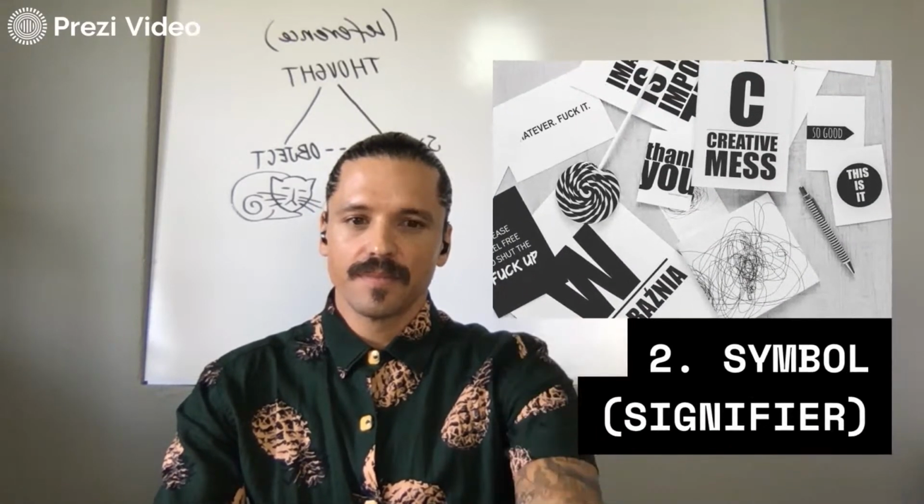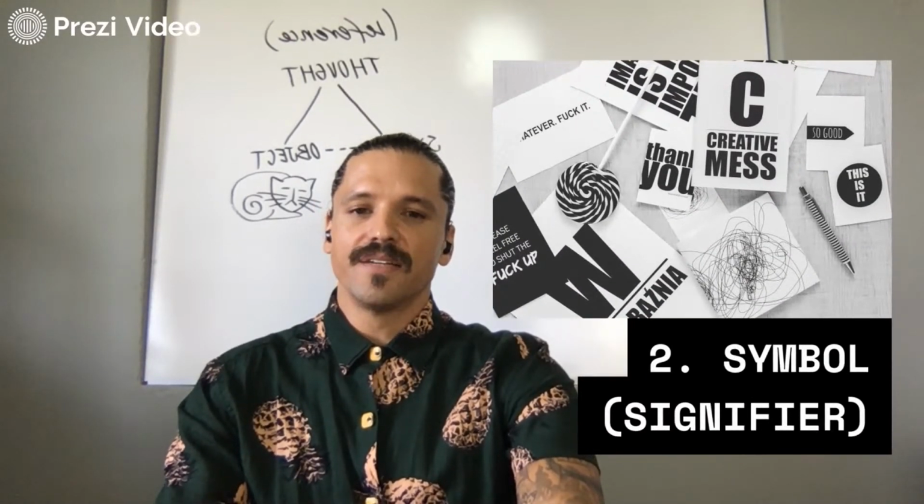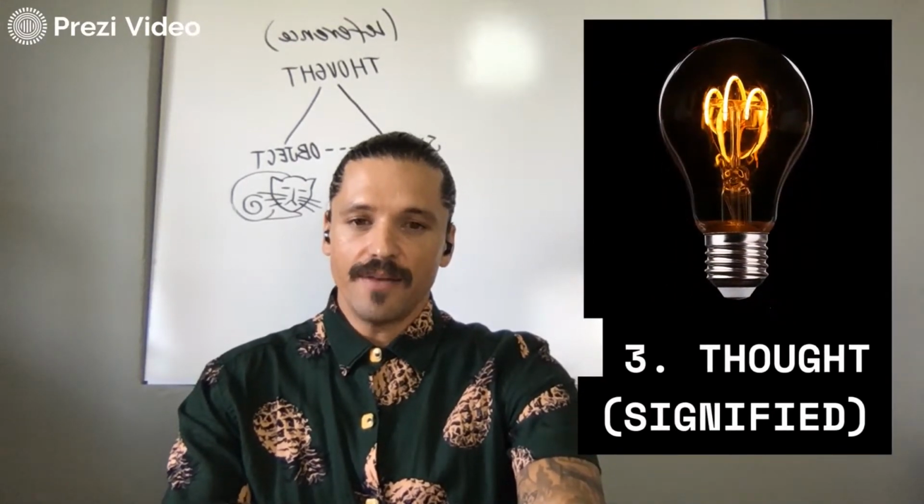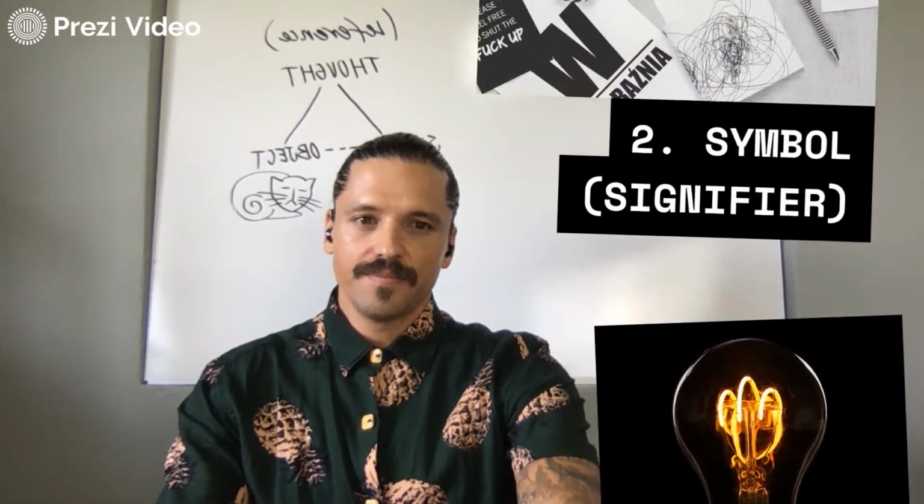And so the semantic triangle is a triangle, and there are three components. We have the object or the sign, the symbol or the signifier, and three, the thought or the signified.